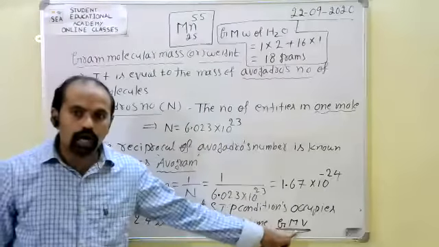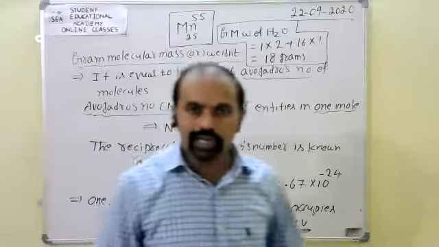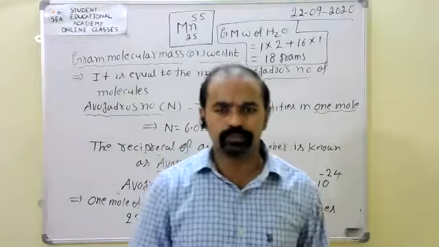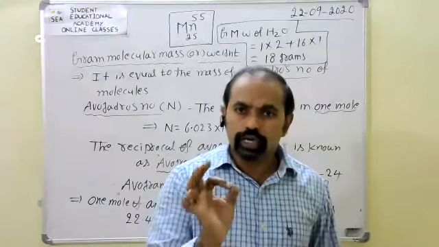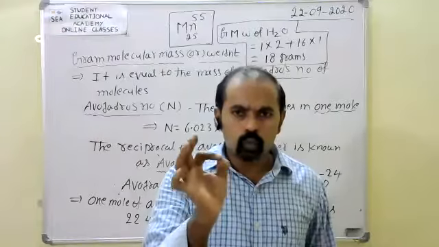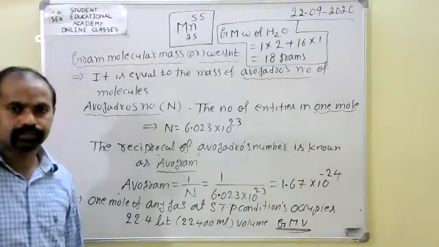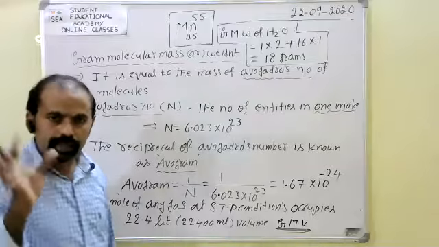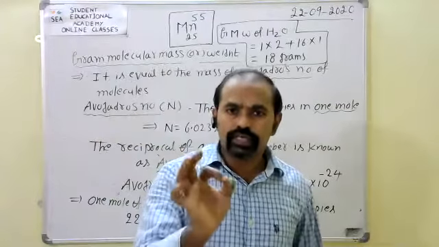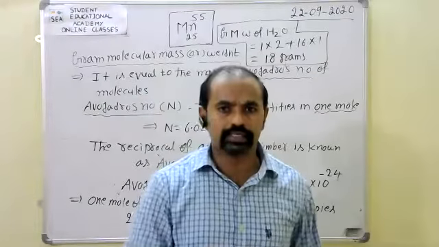What is called gram molar volume? 1 mole of any gas at STP conditions occupies a fixed volume, that is 22.4 liters.